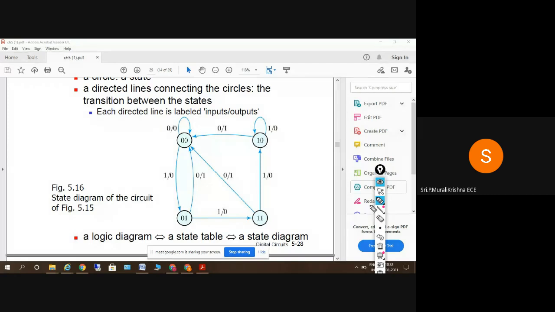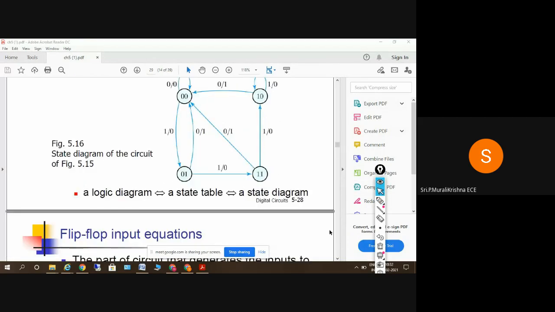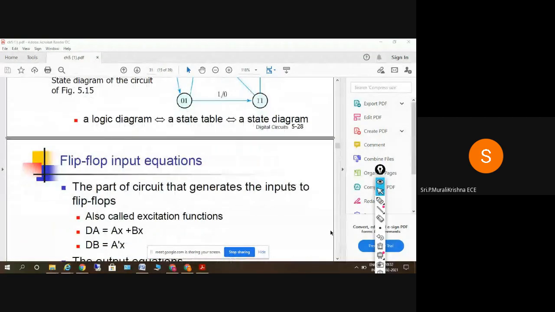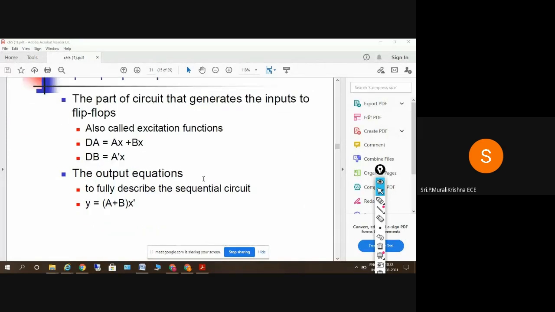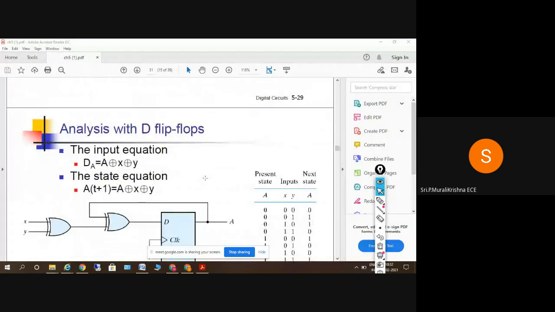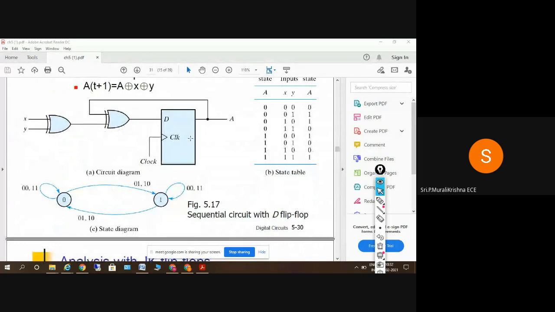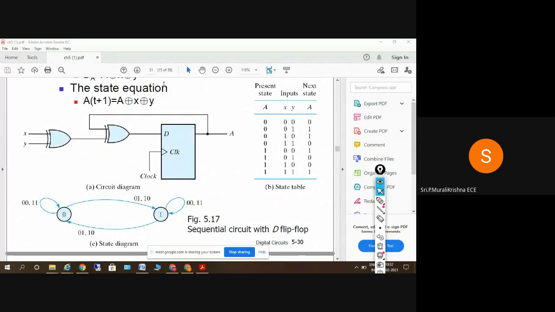Okay, so this is how we have to do the analysis with D flip-flops. When you are given D flip-flops, you can straightaway follow this method. With JK flip-flops, it is a little bit different. So next, you draw this diagram. Take down this diagram. We have to do the analysis part here.